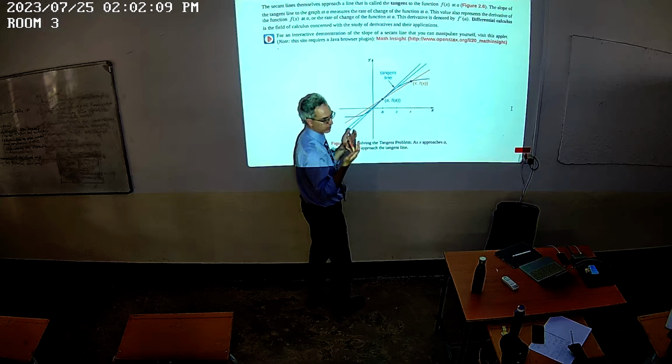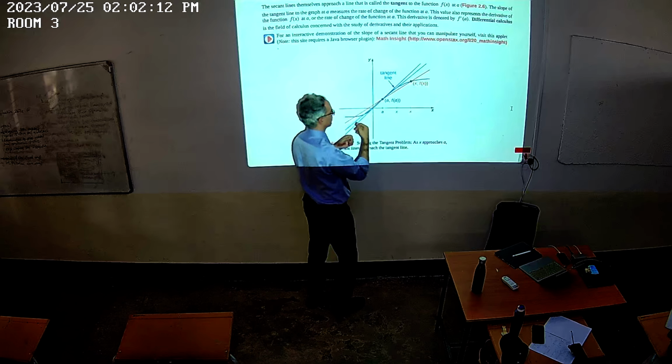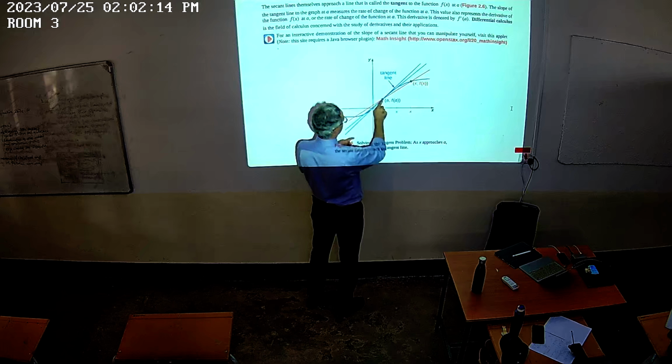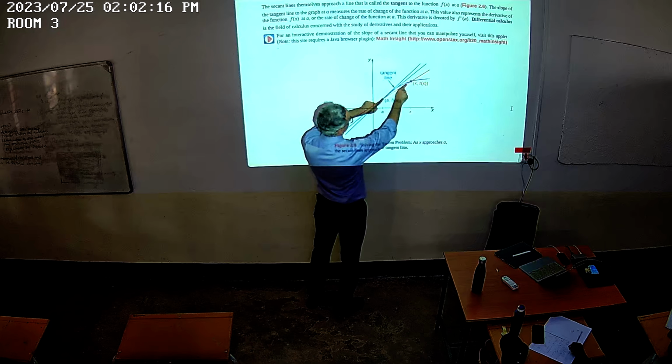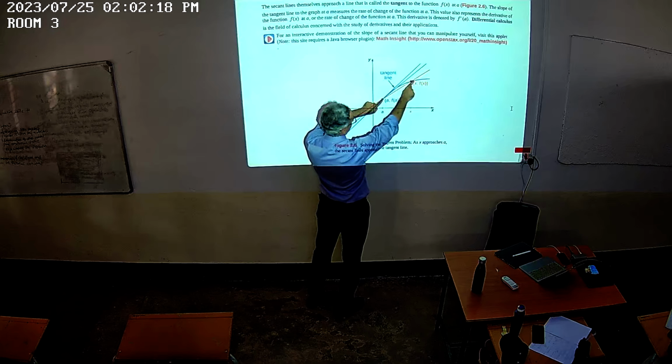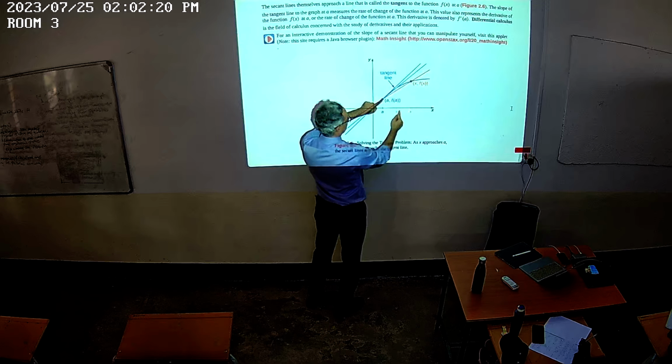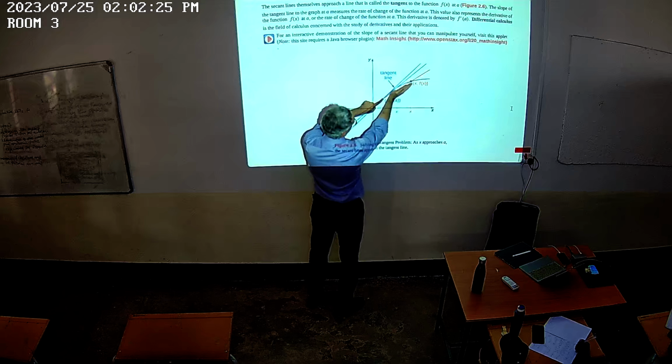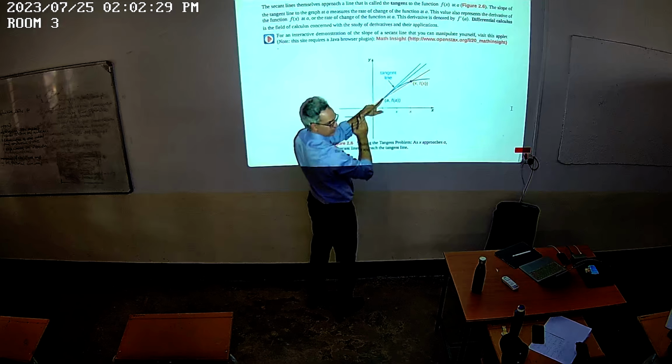Why? Because there's only one point. But I can do secants. I can go from A to somewhere else on the curve, and then I can bring this point closer and closer and closer. And the closer I get, the more these secant lines become close to the tangent.